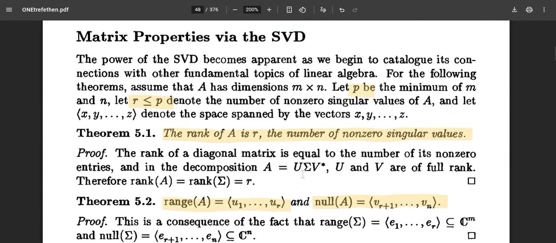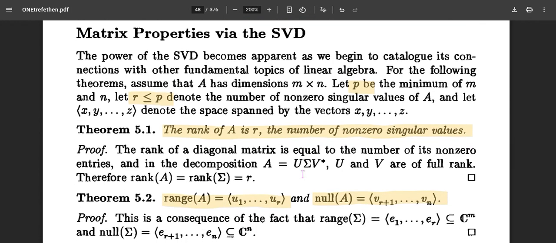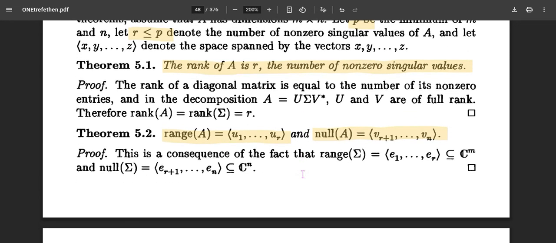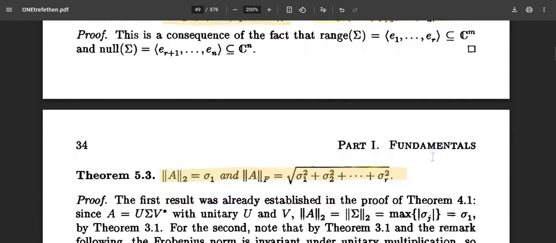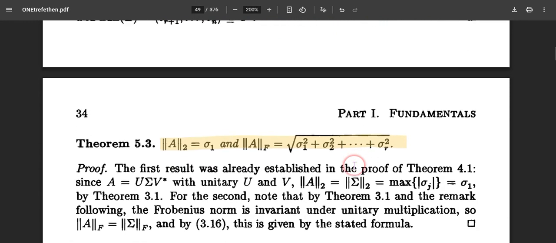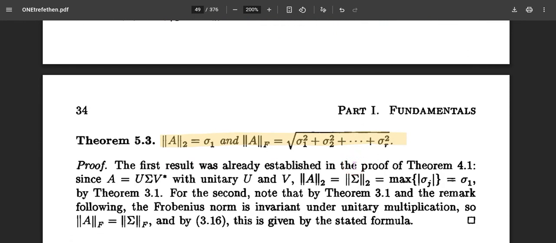Theorem 5.1 helps us understand the rank of A. The rank of A is r, based on the number of non-zero singular values. The range of A is spanned by the first r left singular vectors, and the null space of A is spanned by the right singular vectors r+1 to n. The 2-norm of a matrix is given by the largest singular value.